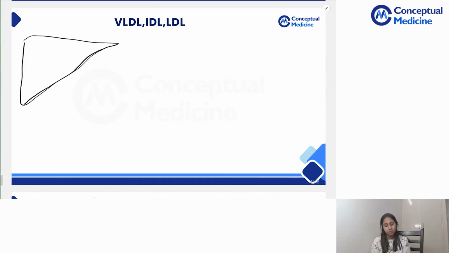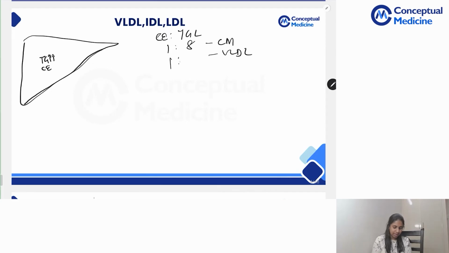This VLDL will also have certain amounts of triglycerides and cholesterol esters. Usually the triglyceride will be higher compared to the cholesterol ester. For example, the cholesterol ester to triglyceride ratio in chylomicron is in the range of 1:8 approximately, whereas in VLDL it would be like 1:5.